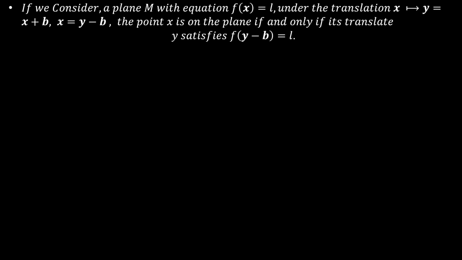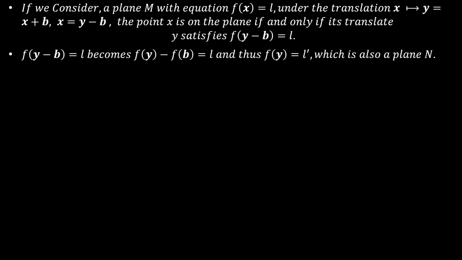If we consider a plane M with the equation f(x) equals L under the translation of x onto y, such that y equals x plus b, then we can rearrange things such that x equals y minus b, and the point x is on the plane if and only if the translate y also satisfies f(y minus b) equals L. Now, using the linearity property of linear functionals, we can say that f(y minus b) is the same as f(y) minus f(b) being equal to the constant L. And so if we add f(b) on both sides, we get a new constant on our right-hand side, L prime.